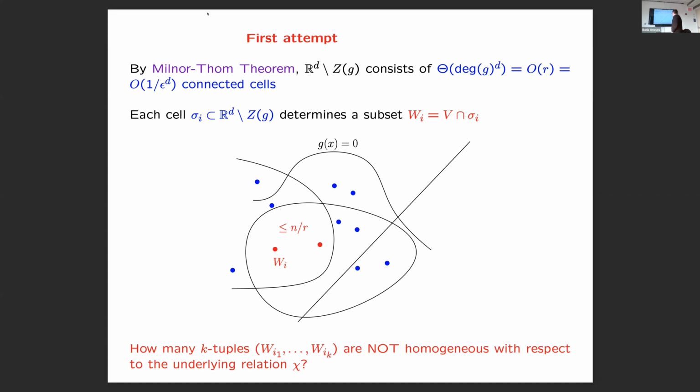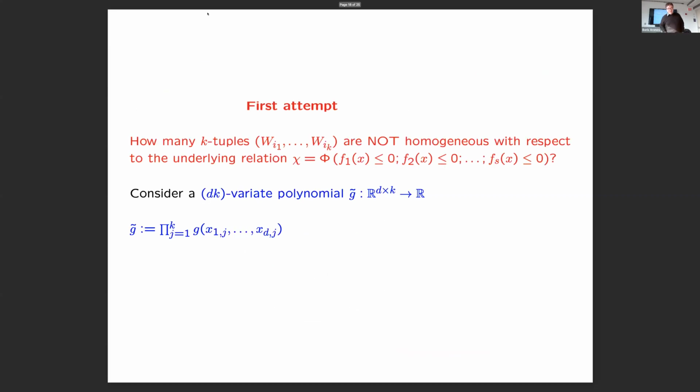So how do you analyze these k-tuples? And of course, the trick is to go into dimension d times k, where the k-tuples of points actually live.